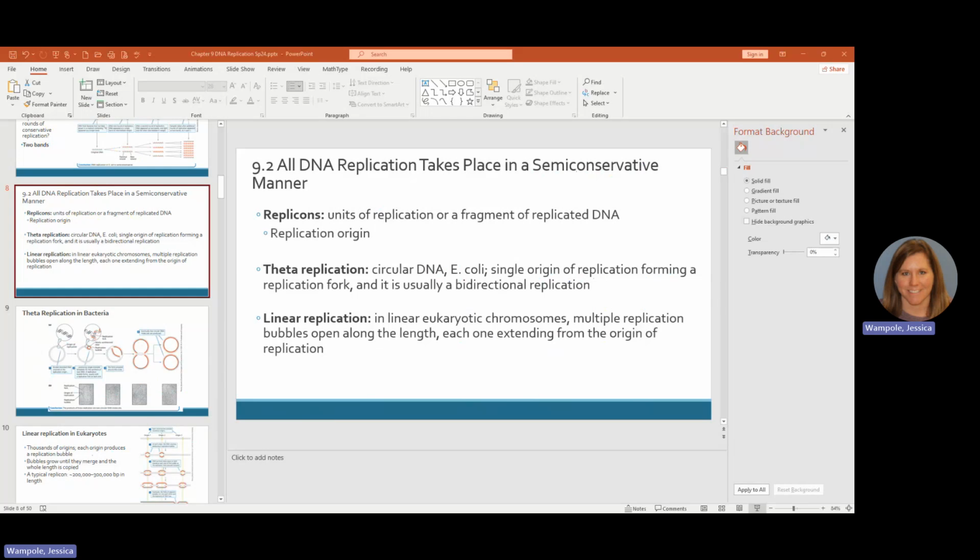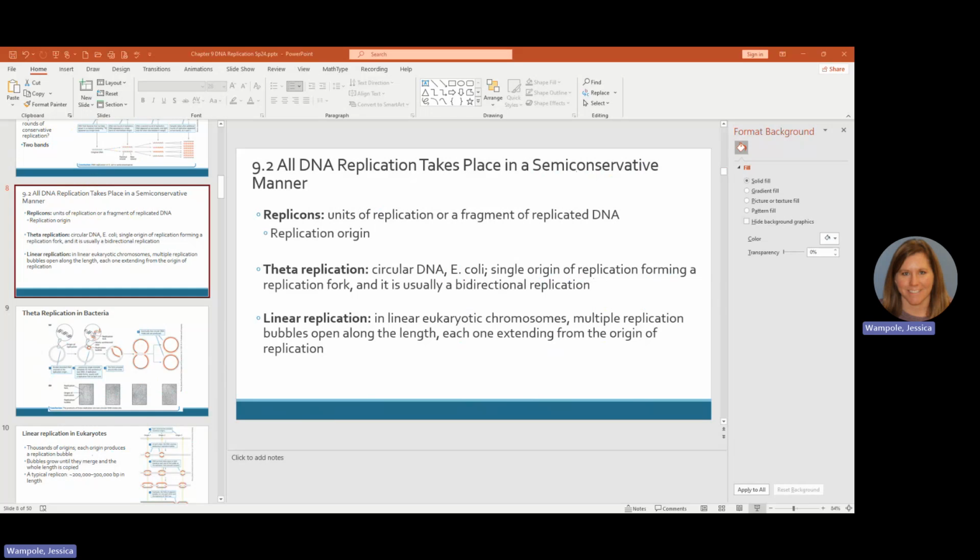And what I would like you to keep in mind is that on our replication bubble, the same thing is happening in the opposite quadrant. So we're going to talk about our continuous and discontinuous replication. On each strand, if we have continuous replication here, we are also going to have continuous replication on the opposite quadrant.